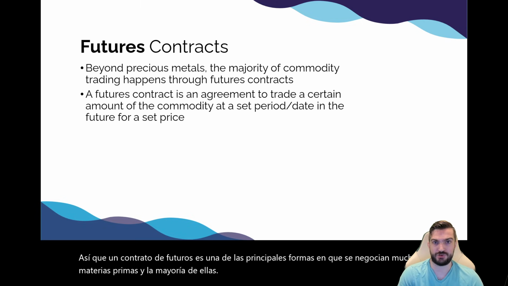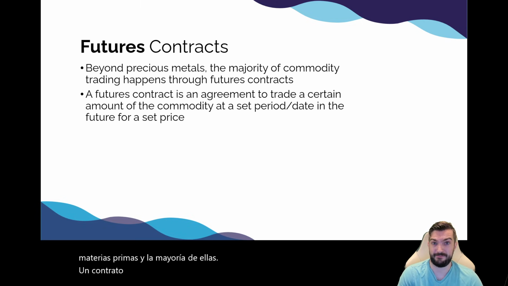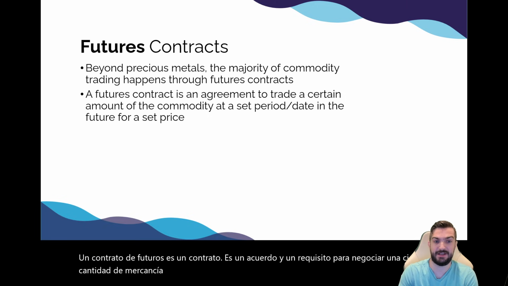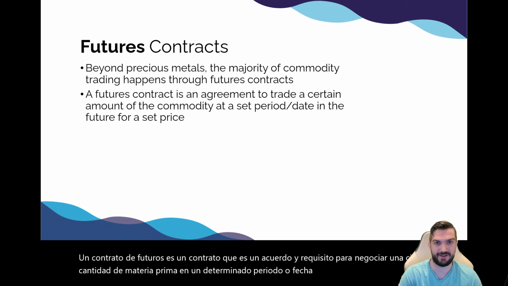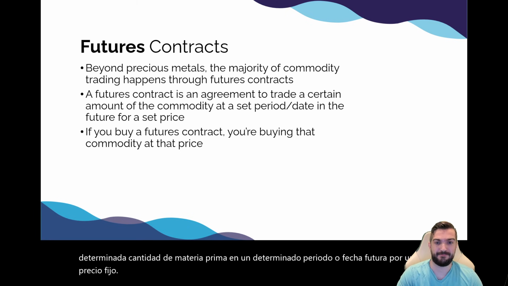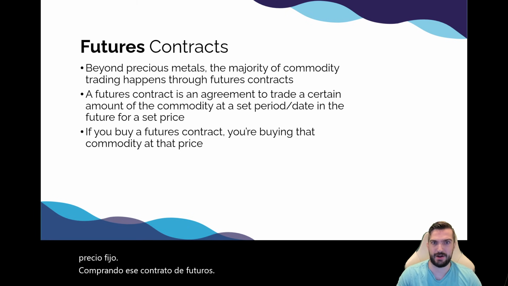A futures contract is a contract. It is an agreement and requirement to trade a certain amount of commodity at a certain period or date in the future for a set price. By buying that futures contract, you are buying that commodity at that price.